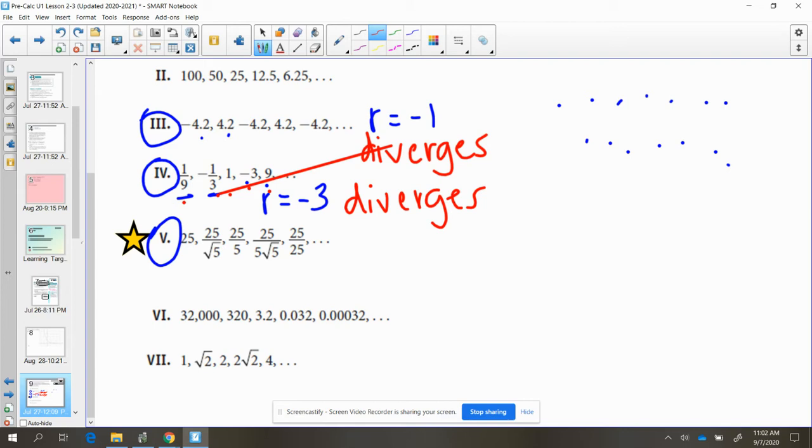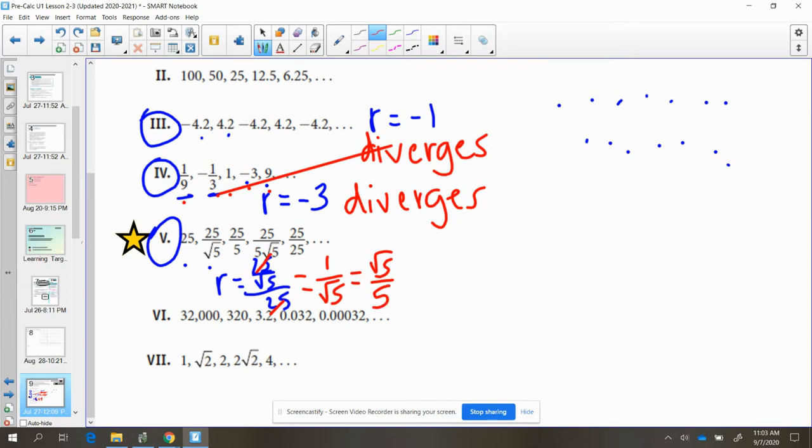So, again, it's diverging. The last one here, if we try to calculate our R value, if we take term 2 divided by term 1, what we're going to see is 25 divided by the square root of 5 divided by 25 simplifies to be 1 over square root of 5 or square root of 5 over 5 if we rationalize, okay?